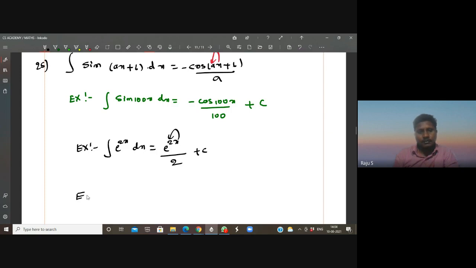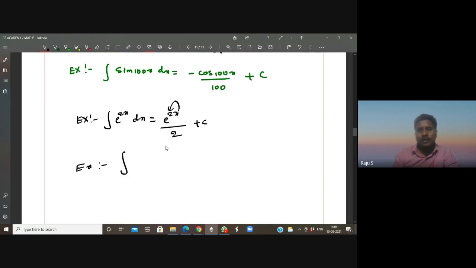Another example: integral of 100 power 3x. 100 power 3x by log 100 into what is the x coefficient here? 3, so into 3, like that.